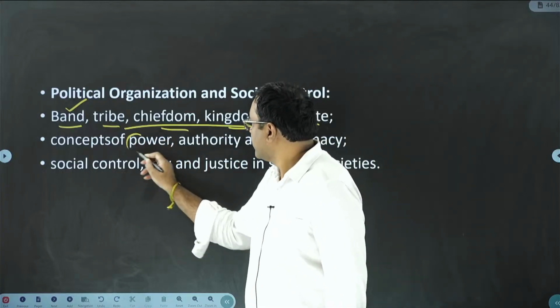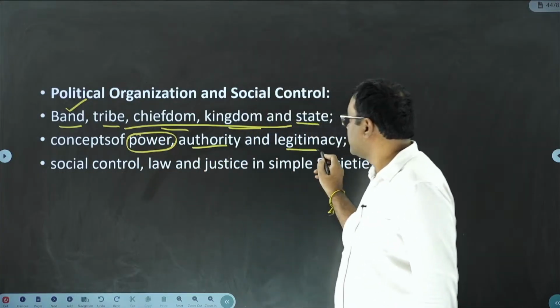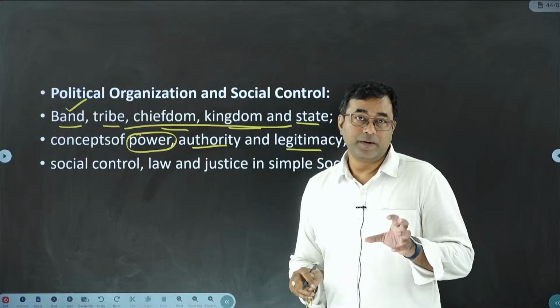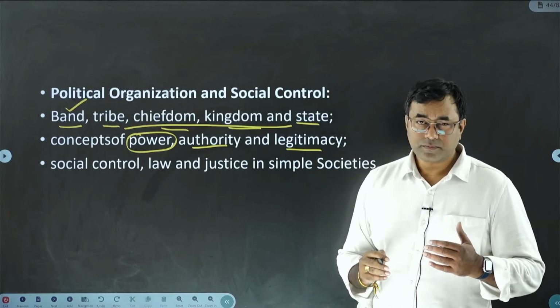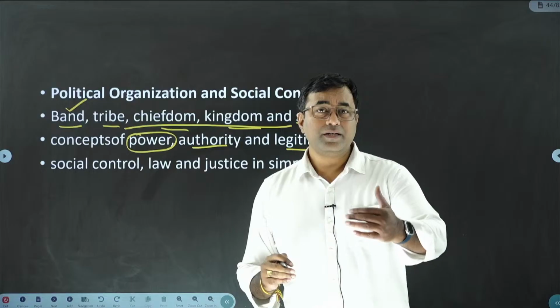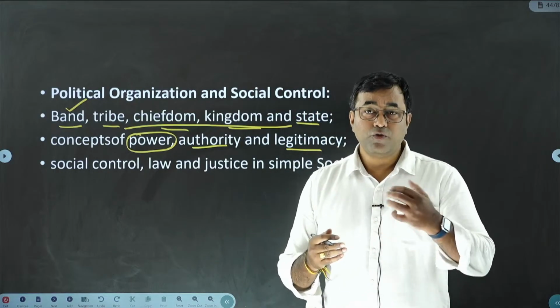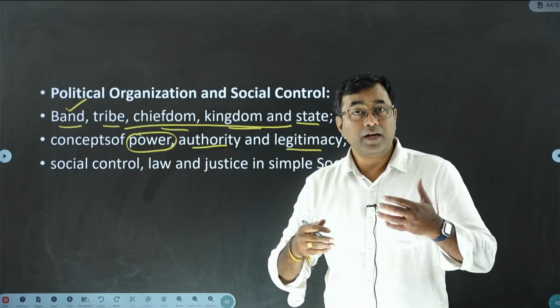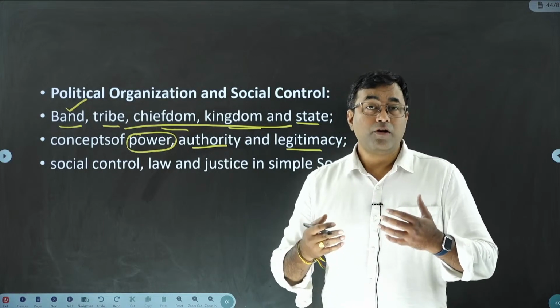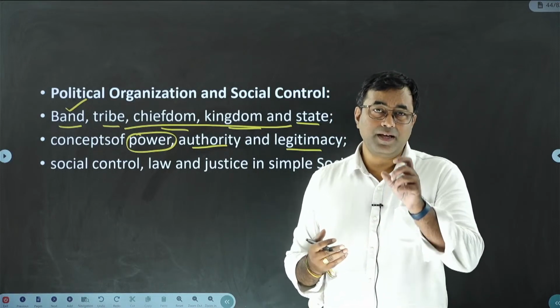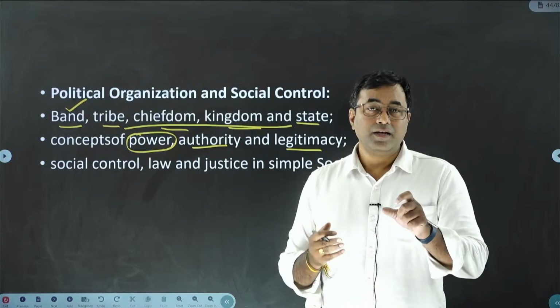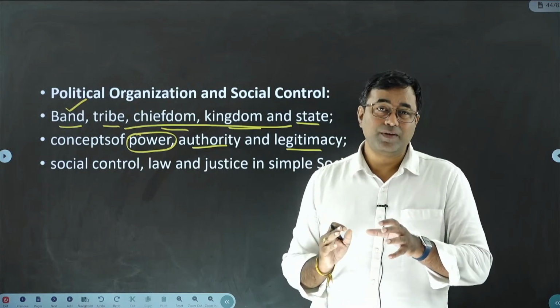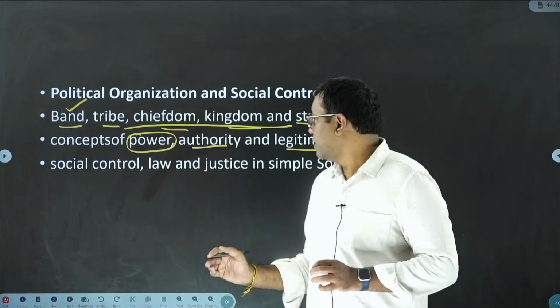In those societies, how power, authority and legitimacy are defined. Power means you can take it forcefully, even violating the views or will of the people. Implying certain things to be done on another section of the people, we call it power.